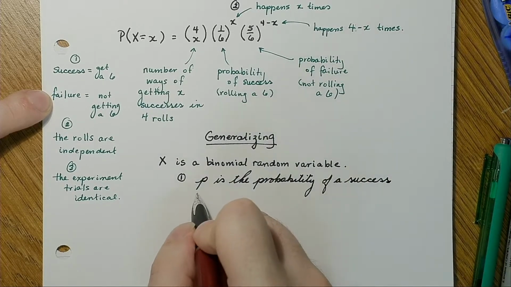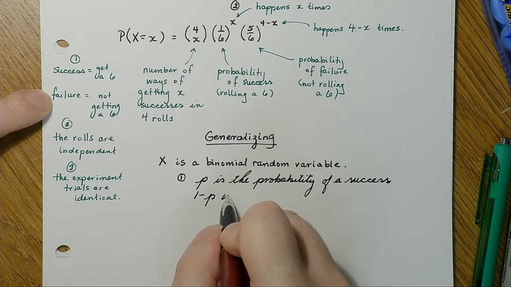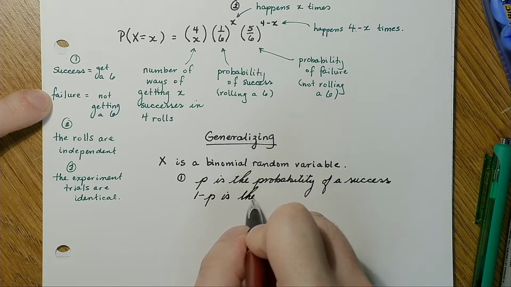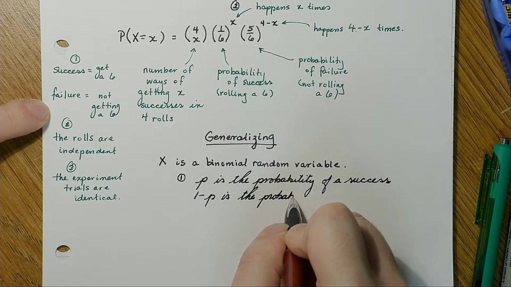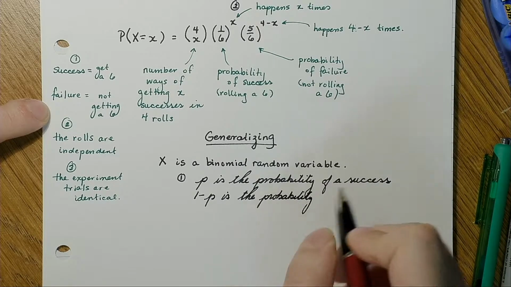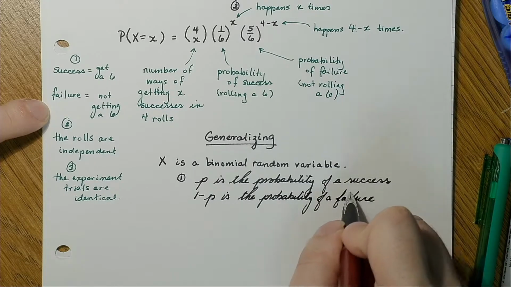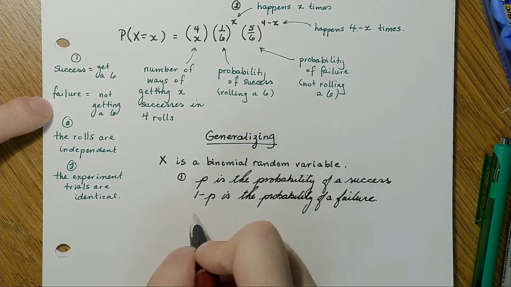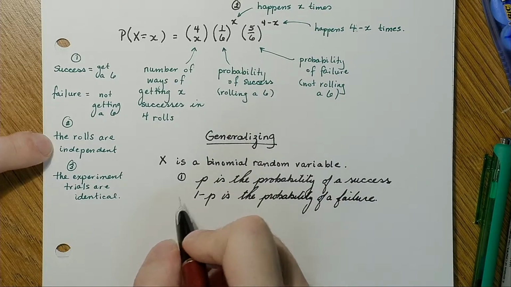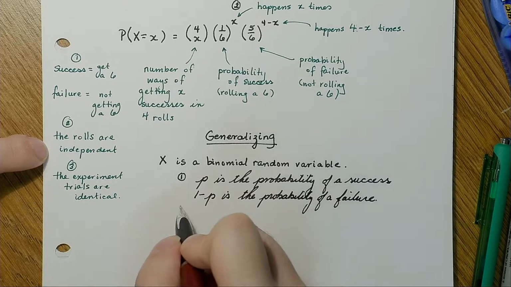And we'll say that 1 minus P, which is the complement, is the probability of failure. We're going to say that they're independent.